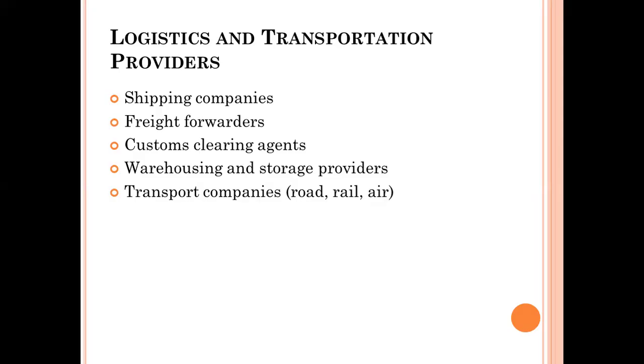You can also go for freight forwarders. Also, you can contact the customs clearing agents. There are many transport companies, like via rail. Also, we can transport the produce via air.